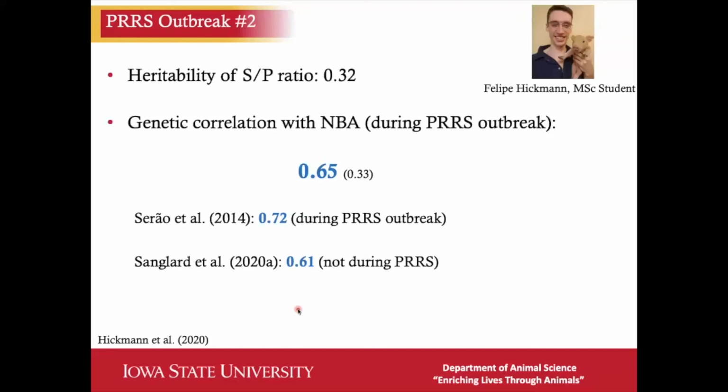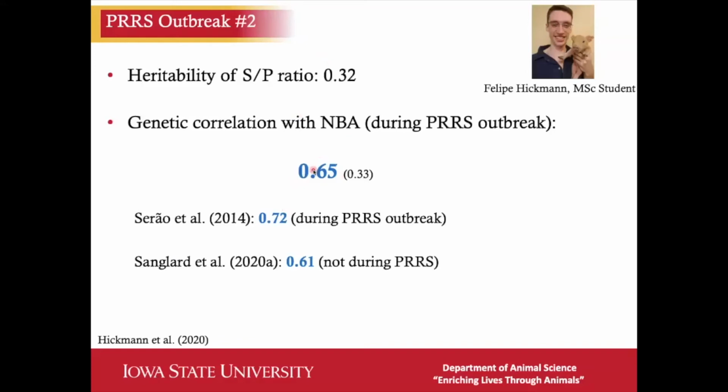One is the heritability of aspirate ratio, which was slightly lower than we had before, and we start to think that the date of collection has something to do with it. But we got, again, this very high genetic correlation with number born alive. So we validated our previous results that these 2 traits are related to each other.